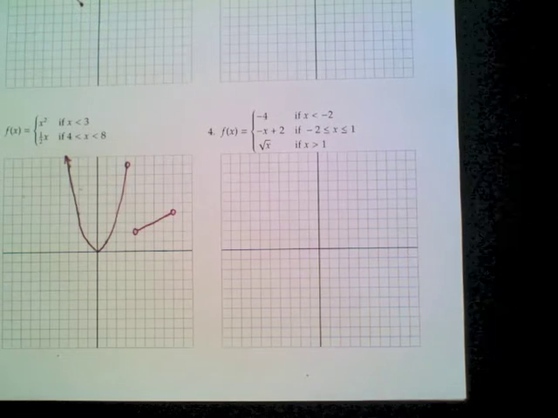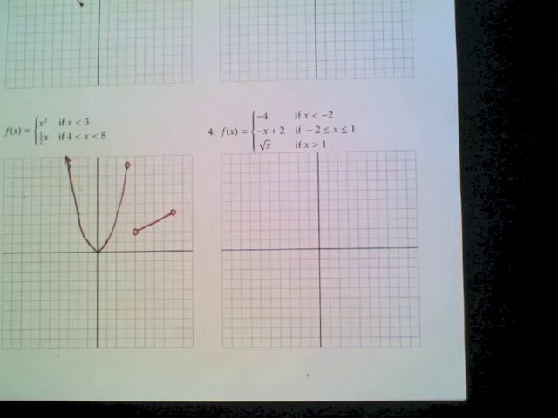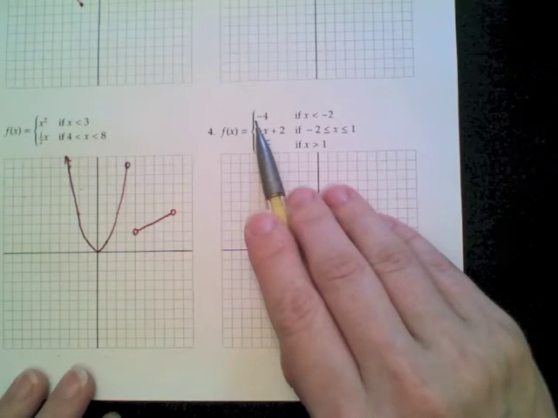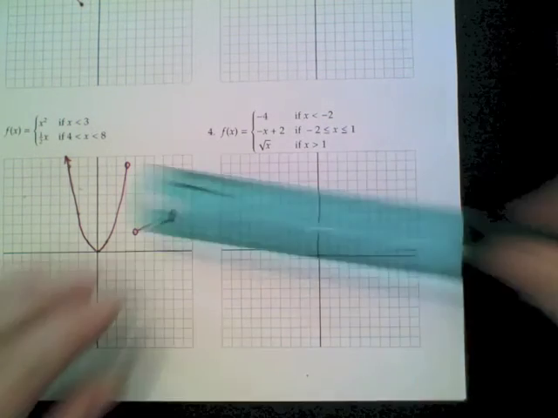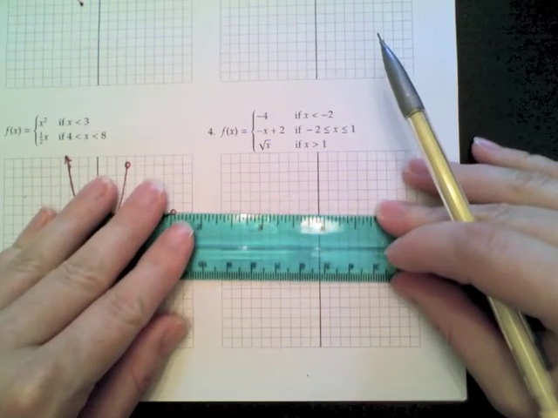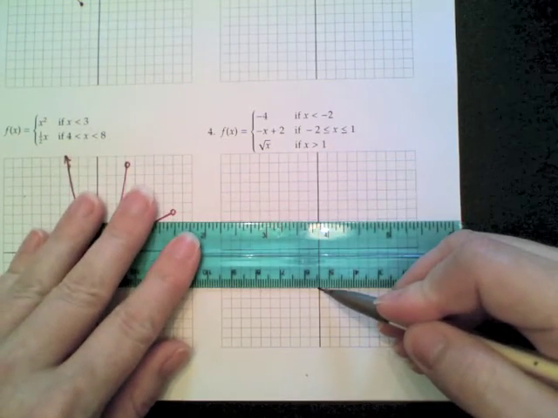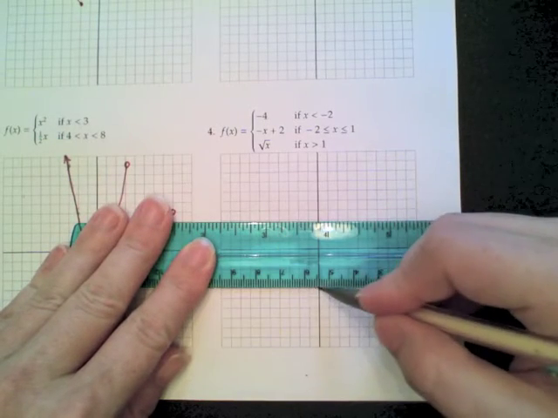All right, so let's do the solution to number 4. My first piece has the equation y equals -4, so that's going to be a horizontal line at -4. So I can sketch that in.